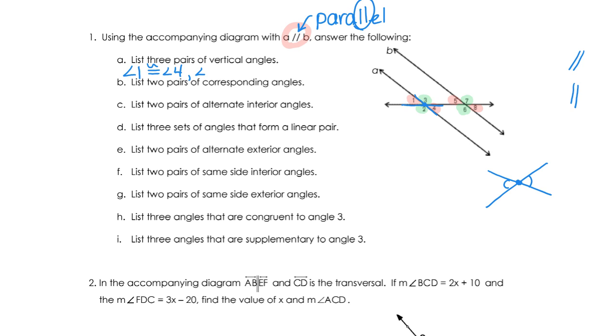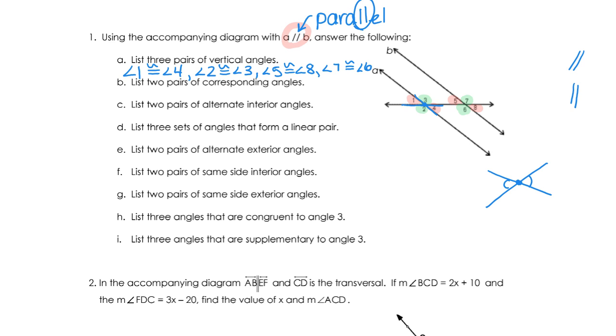Likewise, angle 2 would be vertical and congruent with angle 3. Down in the other intersection, angle 5 would be vertical and congruent with angle 8. And there's another pair, might as well list it. Angle 7 would be vertical and congruent to angle 6.